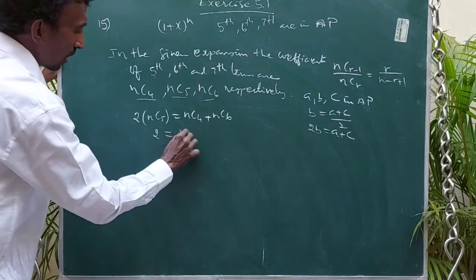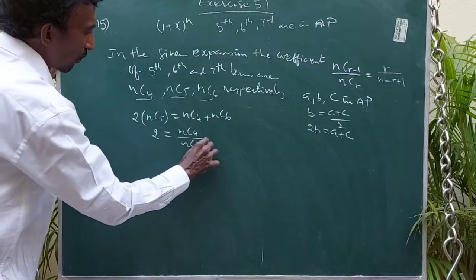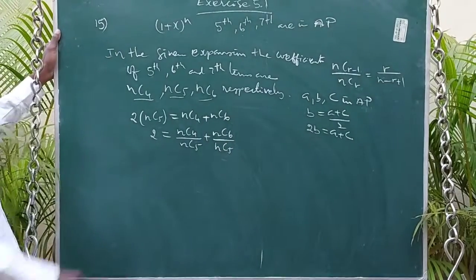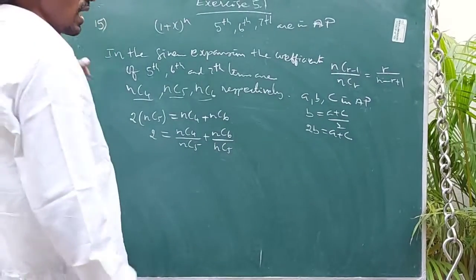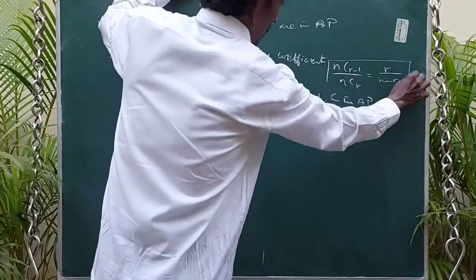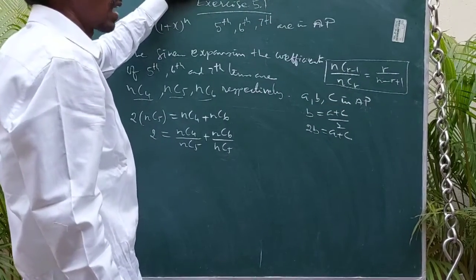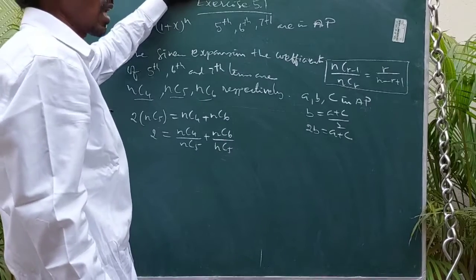So 2 equal to NC4 by NC5 plus NC6 by NC5. We are dividing into two terms. Now look at here. In the previous question, already we got this one. NC r minus 1 by NC r equal to r by n minus r plus 1.